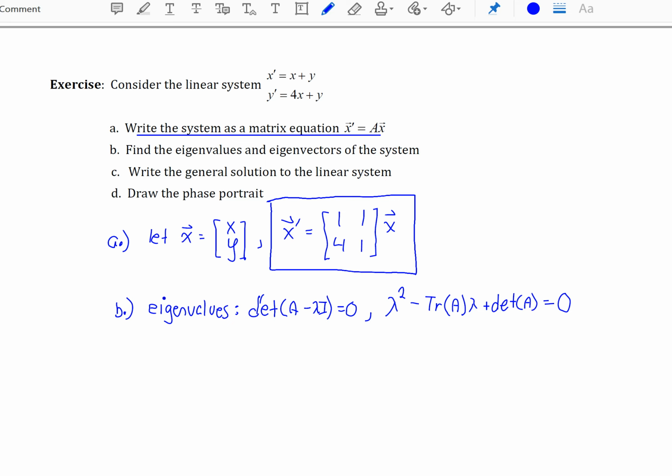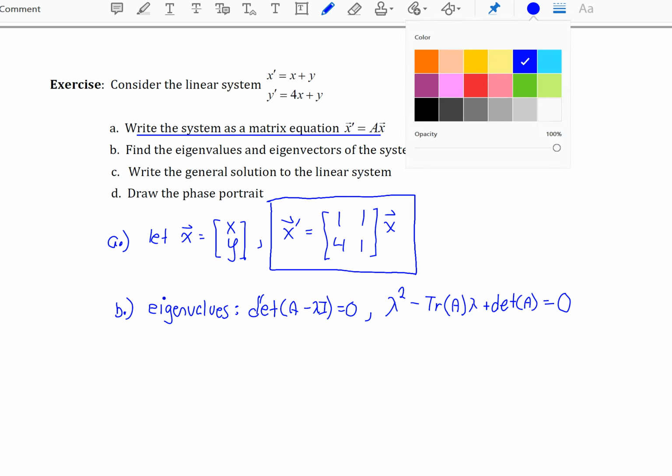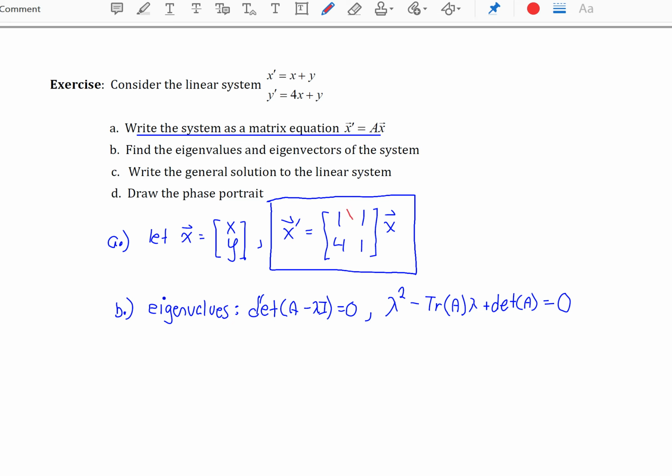But it's saying if you can find the trace of your matrix, where the trace is defined as the sum of your main diagonal, this is your trace, and the determinant, then you can write your characteristic equation directly from your matrix. So this will be lambda squared minus the trace. Our trace is 2.